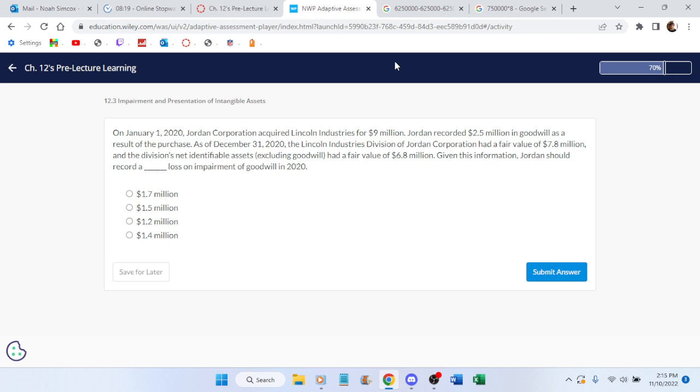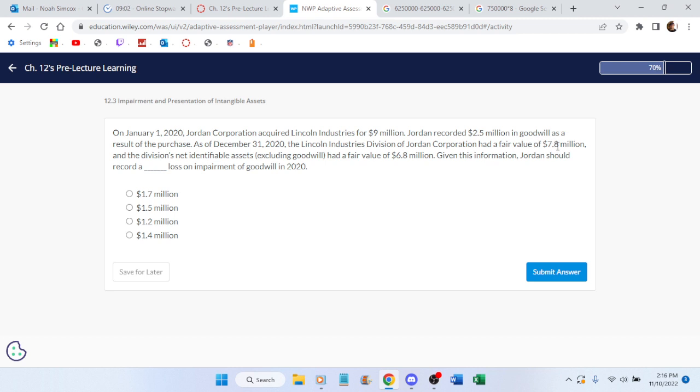One year later, the division has a fair value of 7.8 million. Are you kidding me? What is this? Great. I'm going to just use this number.